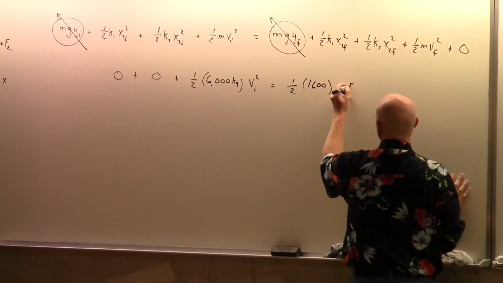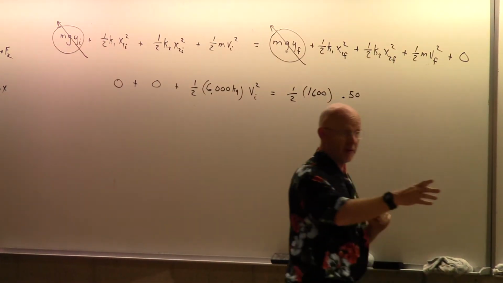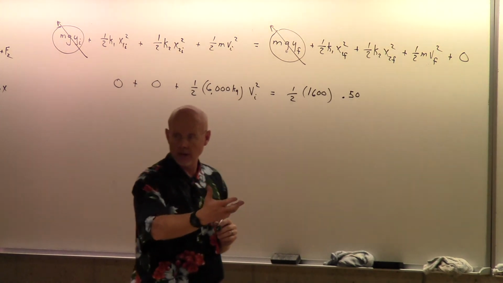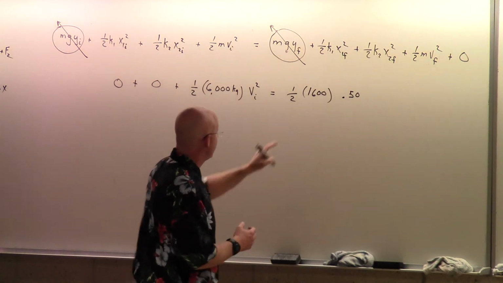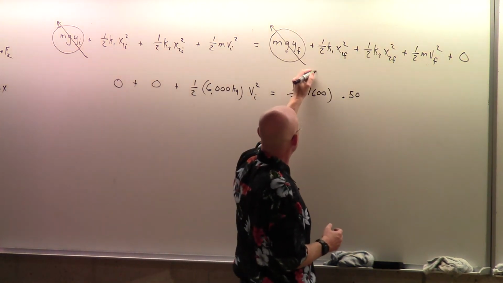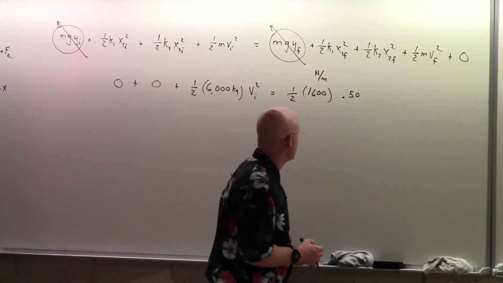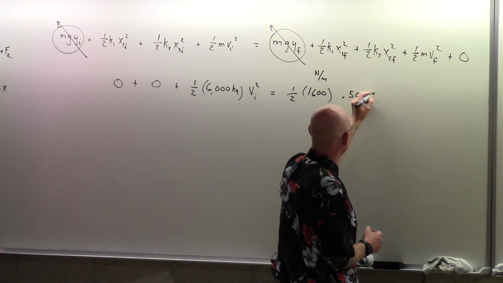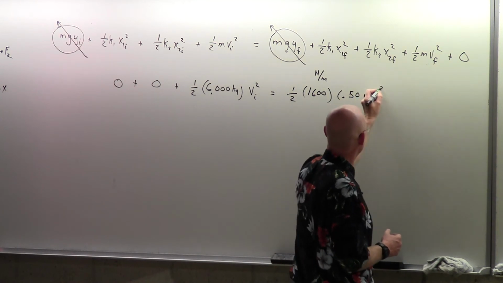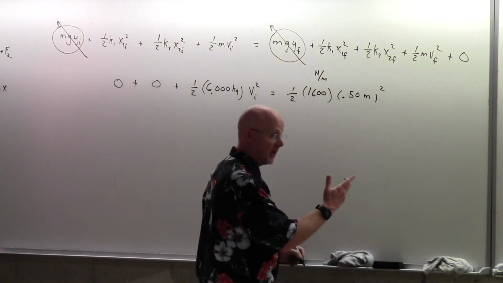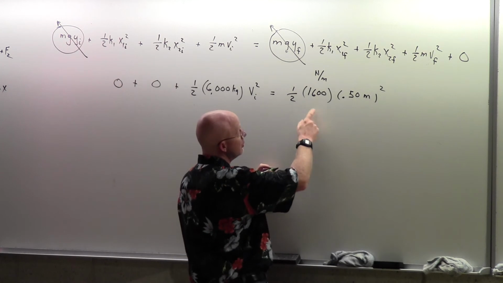Yeah, it's 50 centimeters. Now let me watch my units here. We're back to chapter 1, right? That this right here is in units of newtons per meter. So I need to make sure my distance is in meters so that when I square it, I will get units of joules.